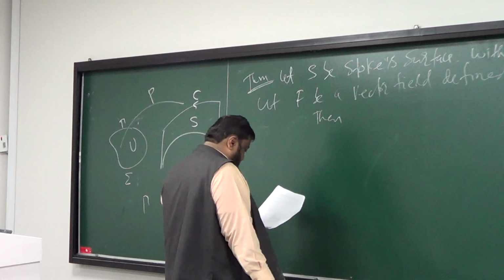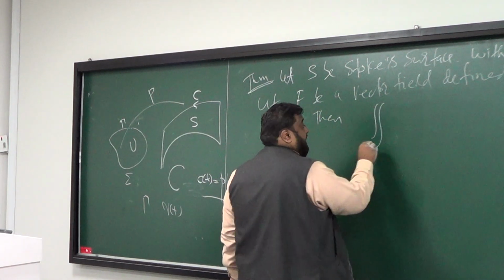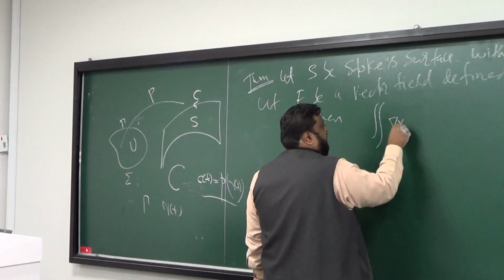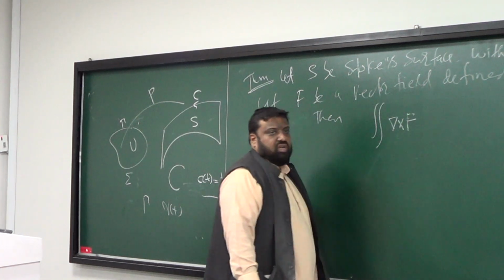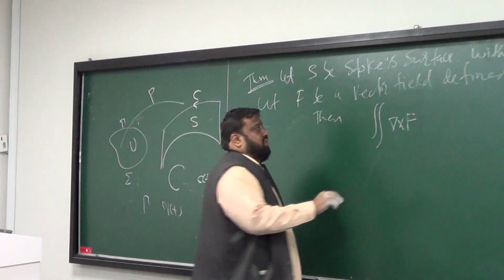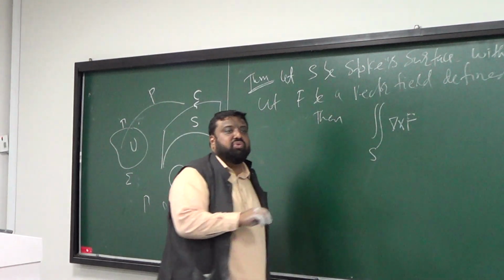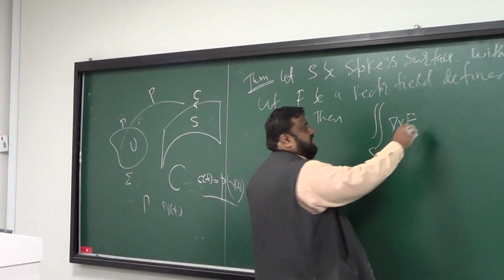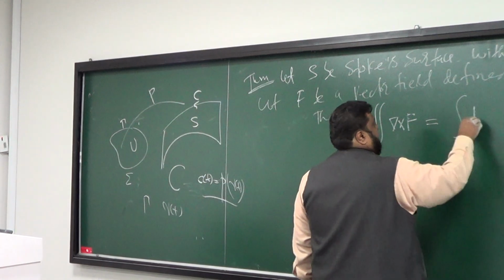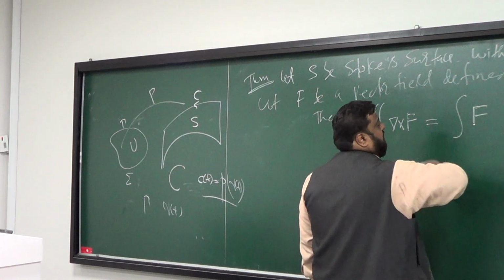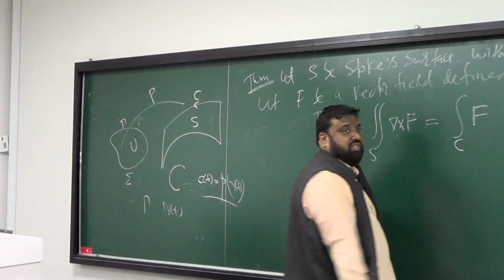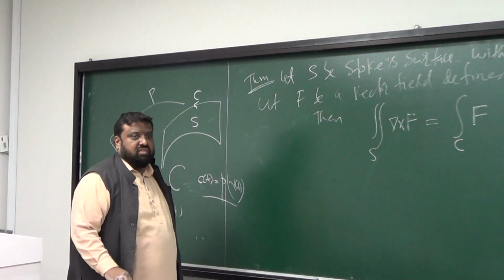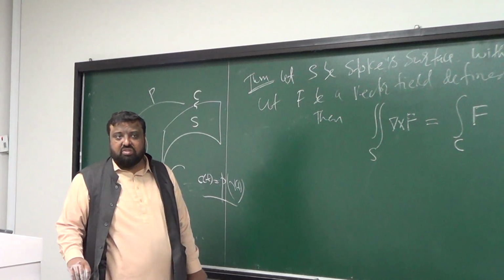So it links the surface integral with the line integral. Then if you compute all the local curls on the surface, in other words you compute the surface integral of the curl of the vector field, this would be the same as the flux of F along the curve C. That's what we would like to show.